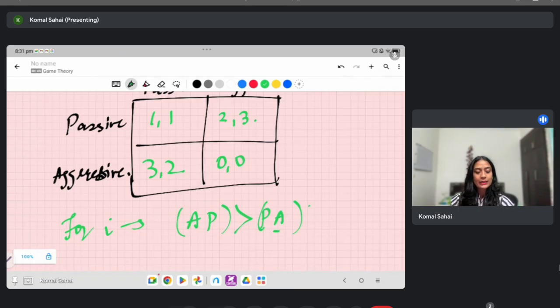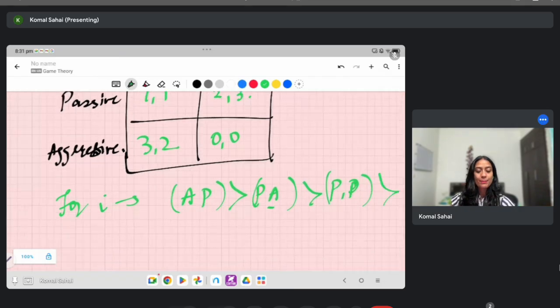Other than that, P comma P, both passive, is less preferred. The worst is when both are aggressive. Both passive is less preferred compared to these two, but it's definitely preferred over both being aggressive. So this is what I have done.